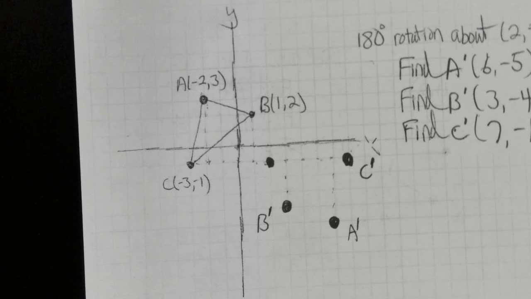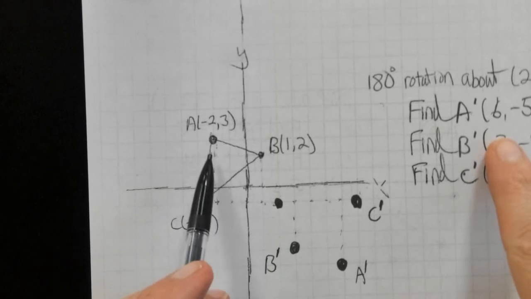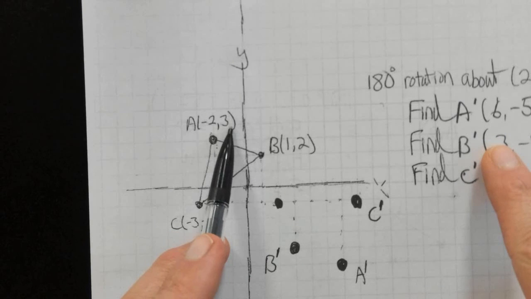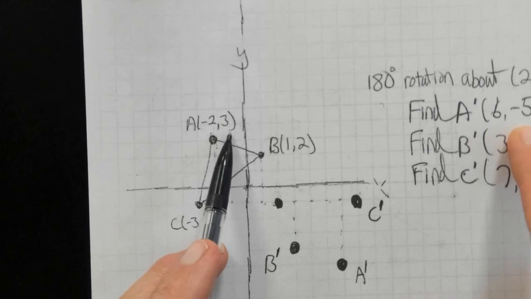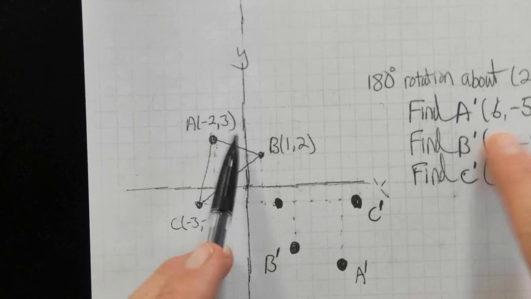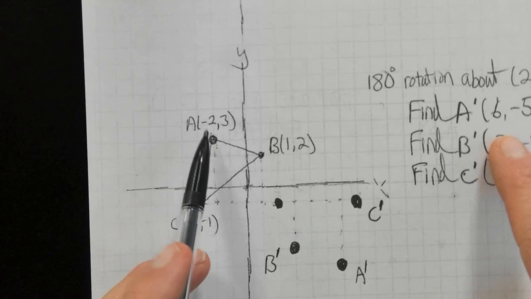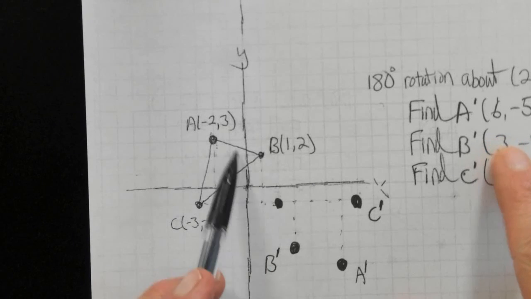Okay. And so as you can look at this, you can see why they don't ask you for the rule on this, because A went from negative 2, 3 to 6, negative 5, right? So just a completely different set of ways to go about coming up with that coordinate.